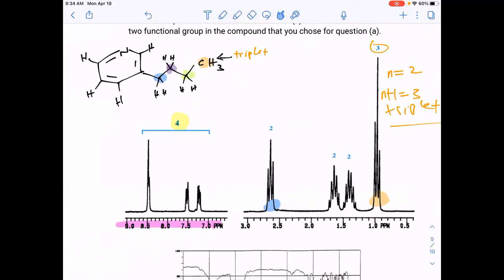Number one, we look at the splitting pattern of it being a triplet. So it has to only have 2 neighbors, right? So N in that case is going to be 2, so N plus 1 will be 3. So it should be a triplet, right? And if we look at the chain, which one of those sets of protons matches that?